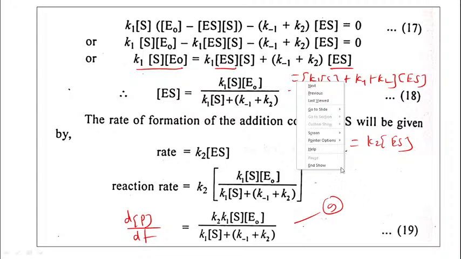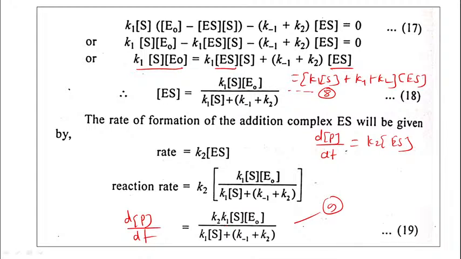Divide this numerator by K1, divide this denominator by K1. So K1 is cancelled here. So it is K2 into concentration of the substrate into concentration of the E0, divided by the concentration of the substrate plus K minus 1 plus K2 divided by K1.